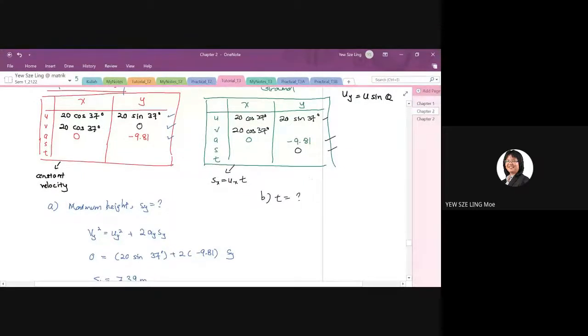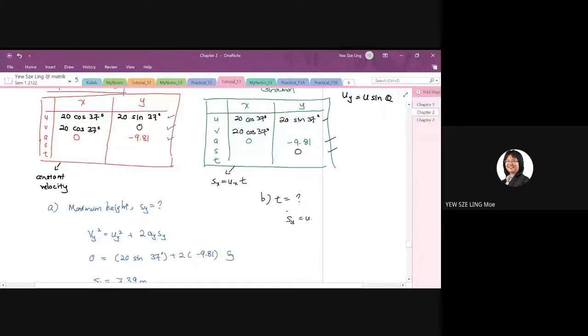So what is the time? We're going to use this equation: Sy equals Uy t plus 1/2 Ay t squared.